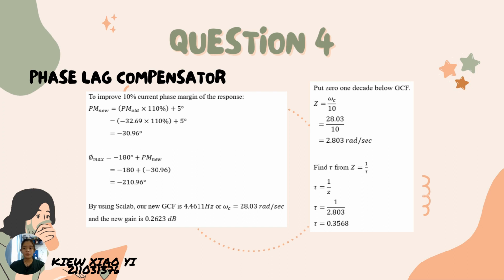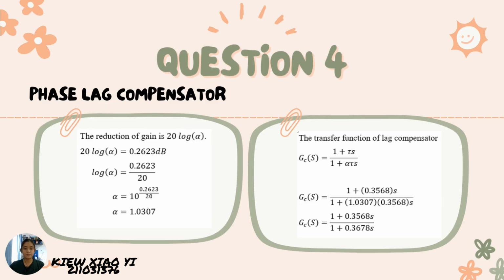The new gain crossover frequency is 4.461 Hz or 28.03 radians per second. To find the transfer function of the lag compensator, we have to find the value of tau and also the value of alpha. Then we substitute the value of alpha and the value of tau into the transfer function.